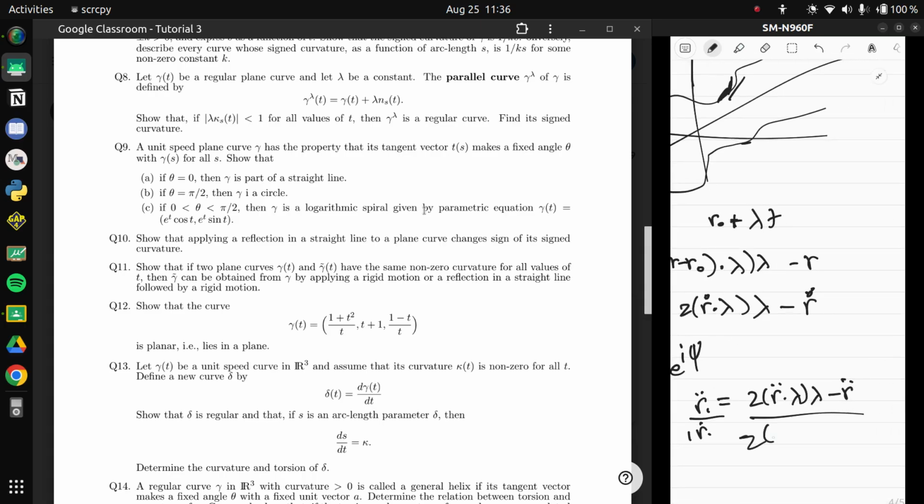So just like 2 r dot lambda minus r dot, and now we can plug in the other stuff. So this just becomes 2i, and we're gonna take the e power i psi thing outside of everything, so this just becomes e power, but we want to take a dot product.